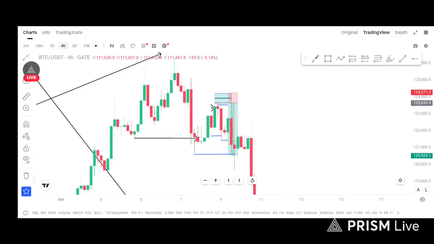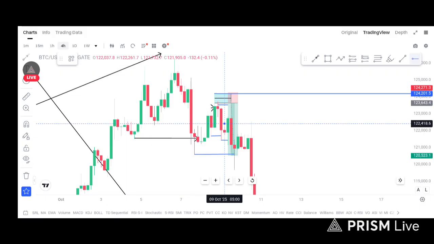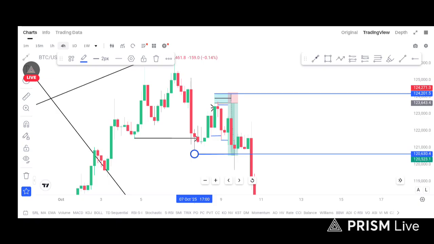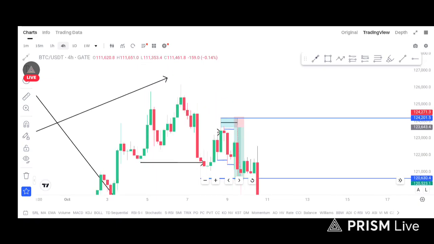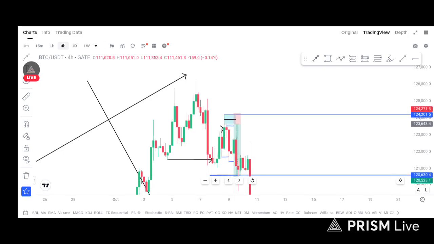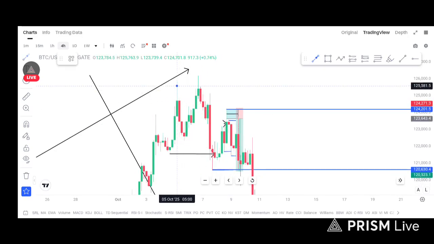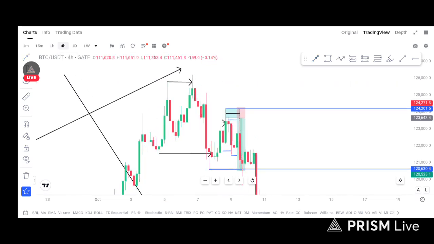What do we do? We mark out the high, mark out the low, which is this guy. Remember this high here is a strong high, so the tendency is that the market is going to take out this high as inducement, right?